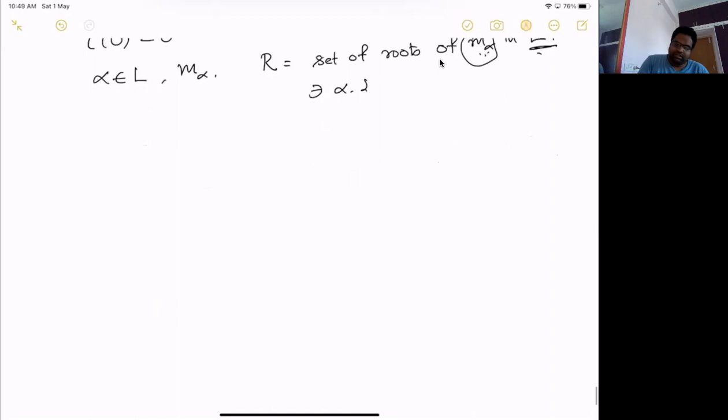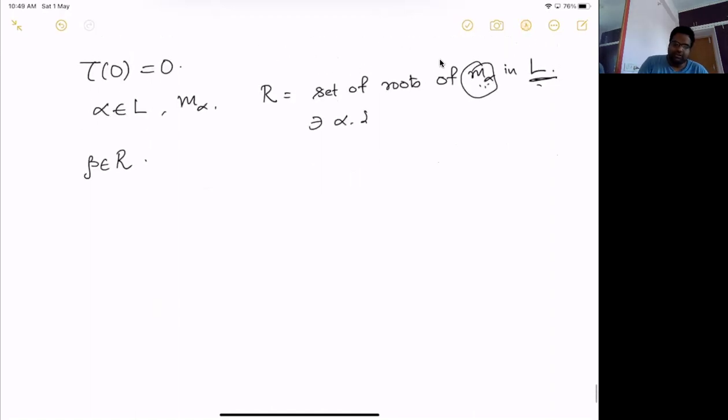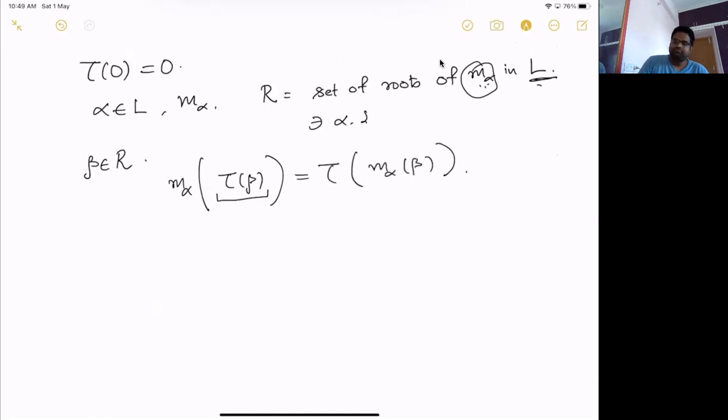And now suppose beta is another root in R, which may be equal to alpha, but that doesn't matter. Now I'm saying tau of m alpha of beta, this is where you have to see. Suppose k0 plus k1 x plus ... plus kn x to the power of n is the minimal polynomial of alpha.